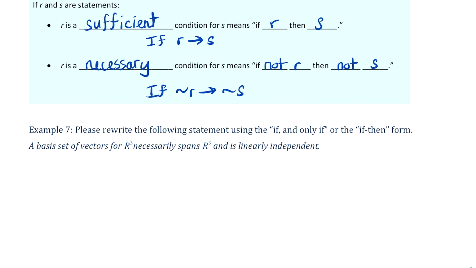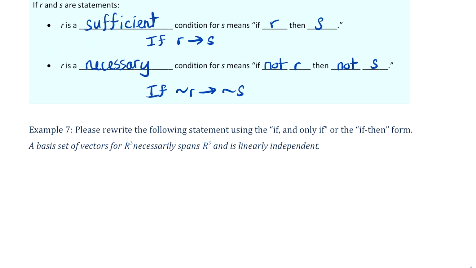So in order to be a basis set of vectors for R3, both the spanning and the linearly independent part need to be true.